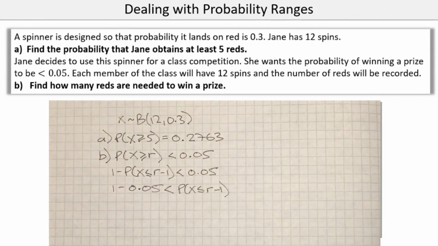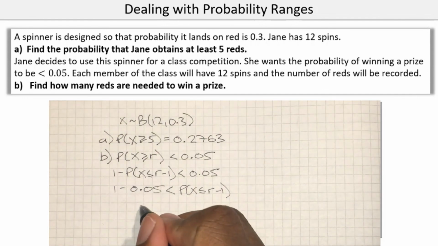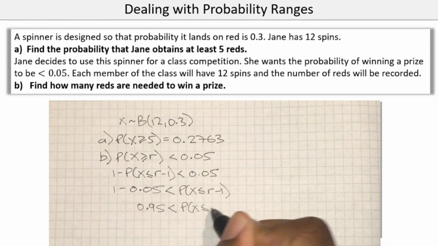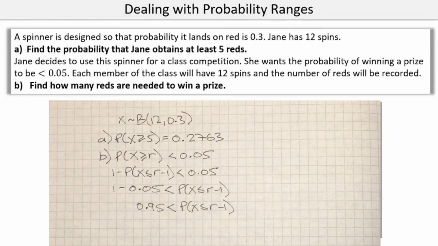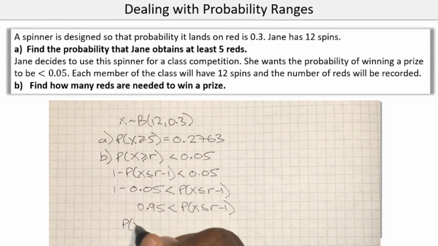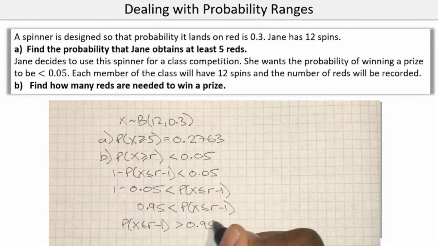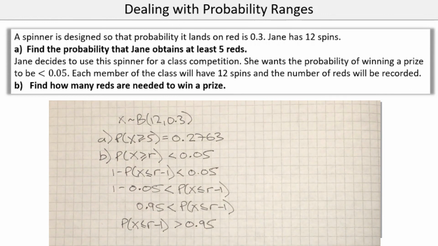We end up with the probability that x is less than or equal to r minus 1 is greater than 0.95. So at this point we can either use the tables and we'll just scroll through the appropriate column looking for the first time that the probability goes above 95%. The value that we look up is going to be r minus 1.